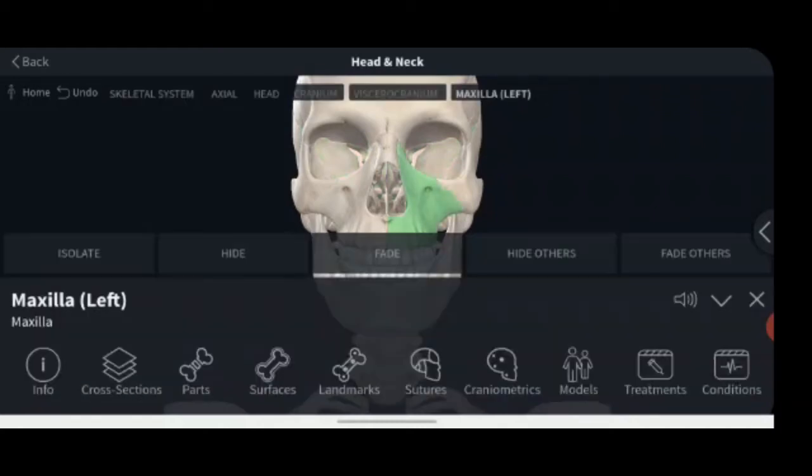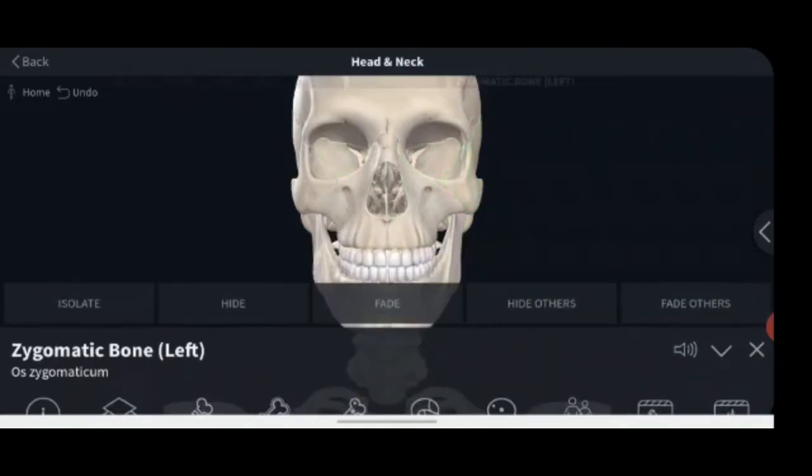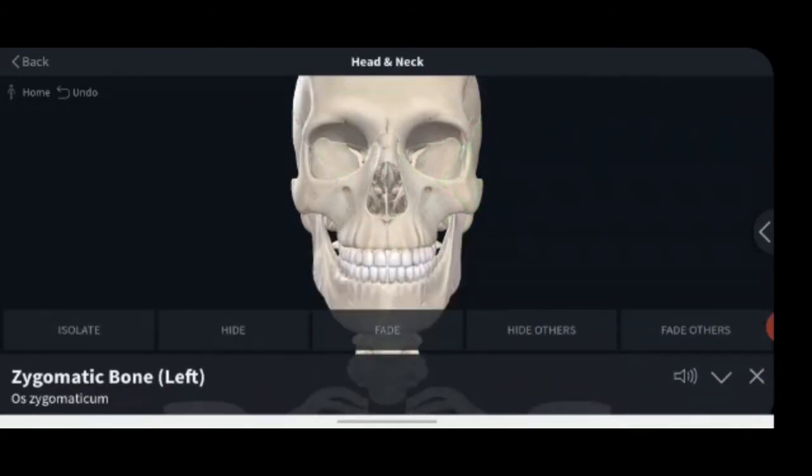So this is the zygomatic bone. This is the maxilla, and next to the maxilla is the zygomatic bone.